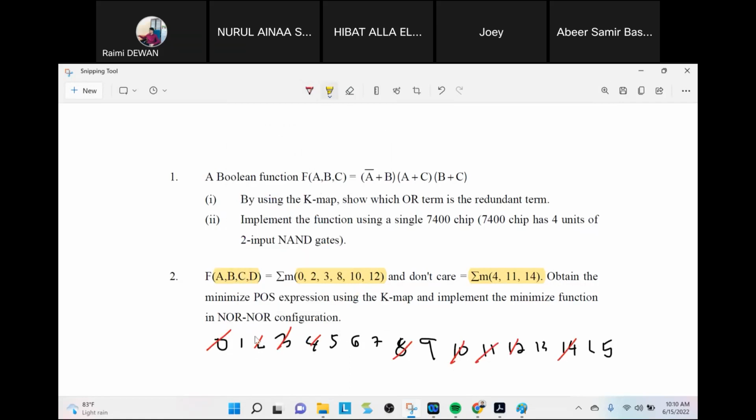Which means your POS is 1, 5, 6, 7, 9, 13, 15. Hopefully you understand SOP and POS.